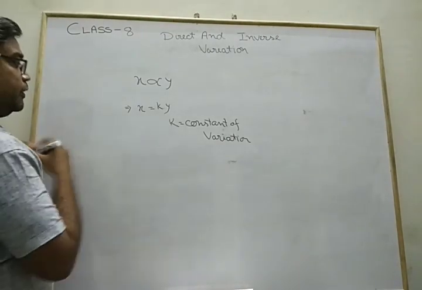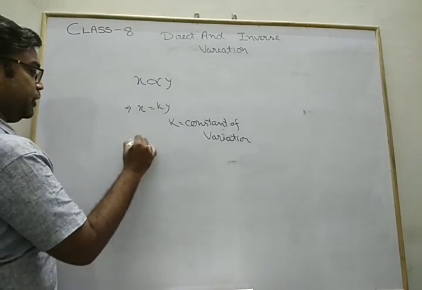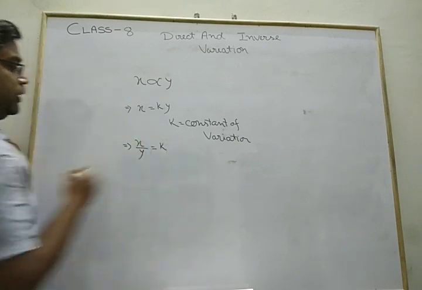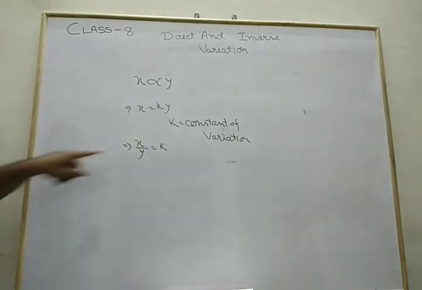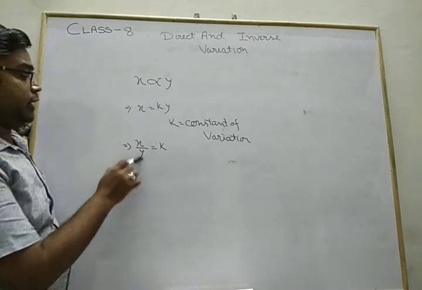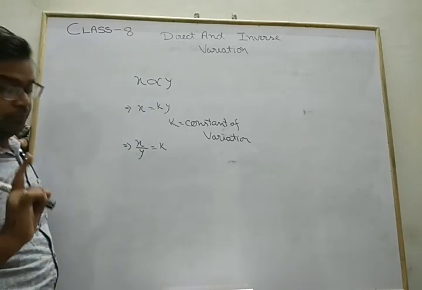So from this we can find that x upon y is always a constant quantity, and this quantity must be the same for all values of x and y at the same time.